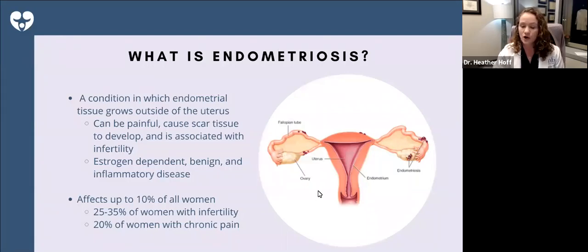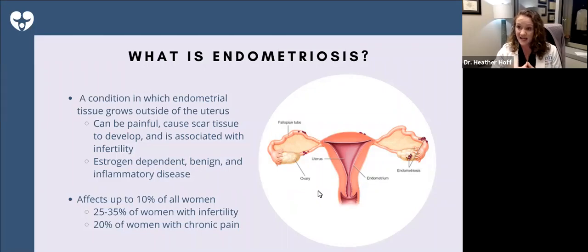They can also cause irritation of the pelvic organs, and that will lead to scar tissue or fibrous tissue that actually binds the organs of the pelvis together. So these endometrial implants can lead to chronic pelvic pain, scar tissue formation, and infertility.